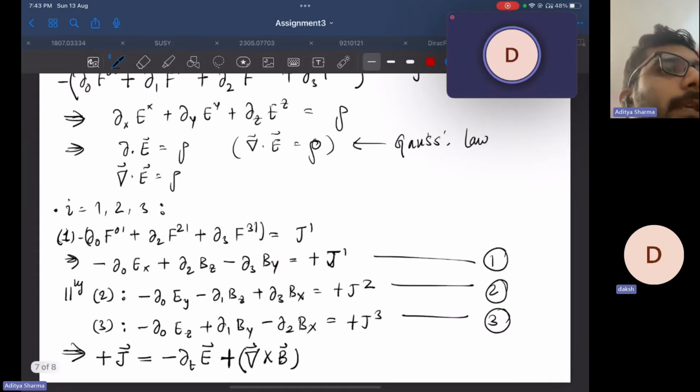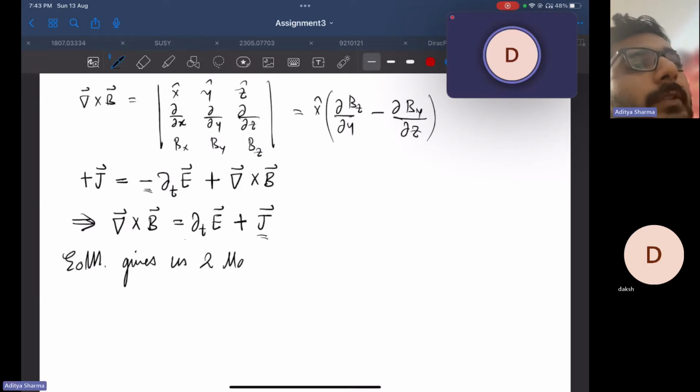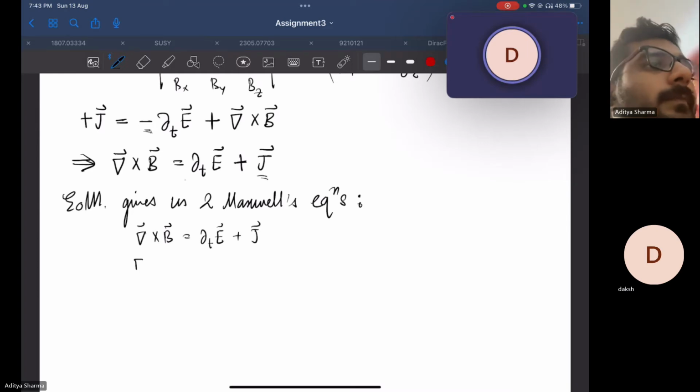So see, the equation of motion gives us two Maxwell's equations, which are del cross B, okay, and del dot E is equal to rho.